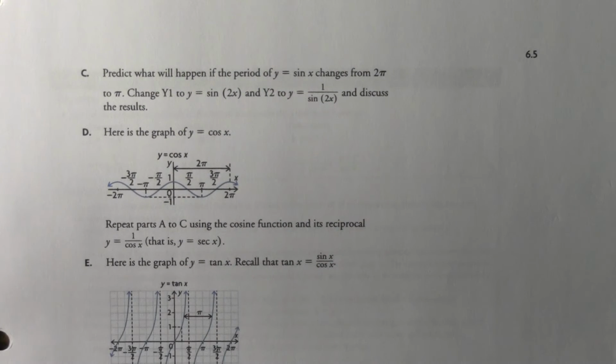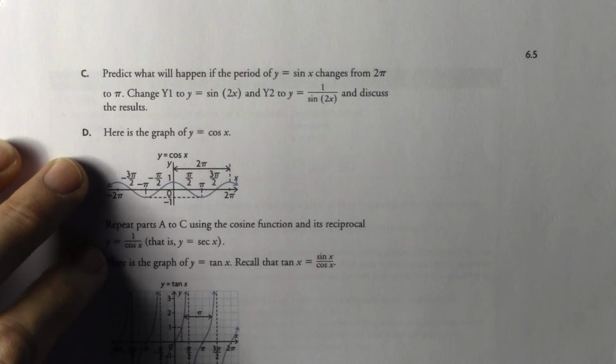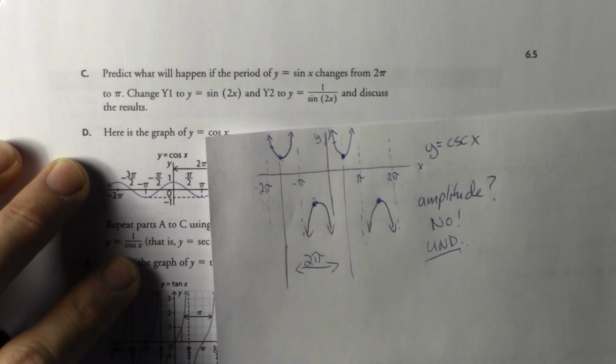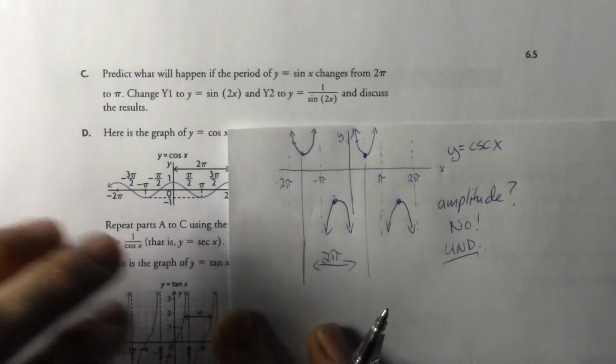Next one. Predict what will happen if the period of y equals sine x changes from 2 pi to pi. Change y1 and discuss the results. So, let's go back to our new graph. What do you think is going to happen?